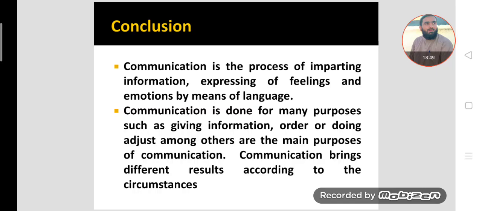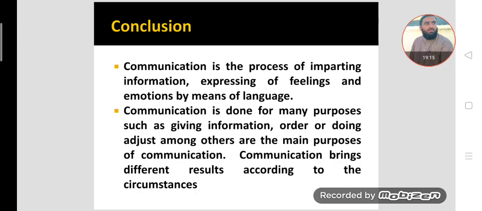Communication is done for many purposes, such as giving information, orders, or making adjustments, among others, which are the main purposes of communication. Communication brings different results according to different circumstances. Yes, we have various purposes of communication.